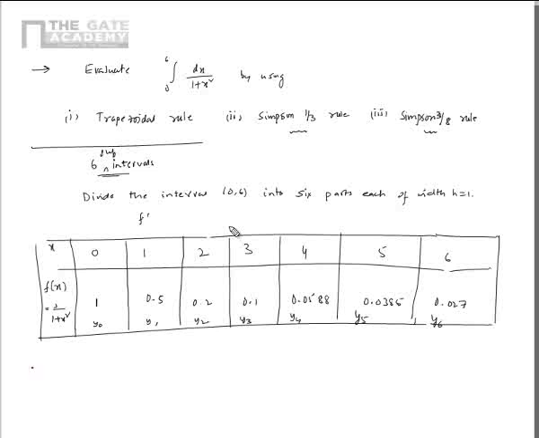Now once we have the tabulated data, we can apply each of the rules. We know the final expression. So the trapezoidal rule says the integral from 0 to 6 of dx by 1 plus x square is h by 2 times the endpoint summation plus 2 times the remaining points.